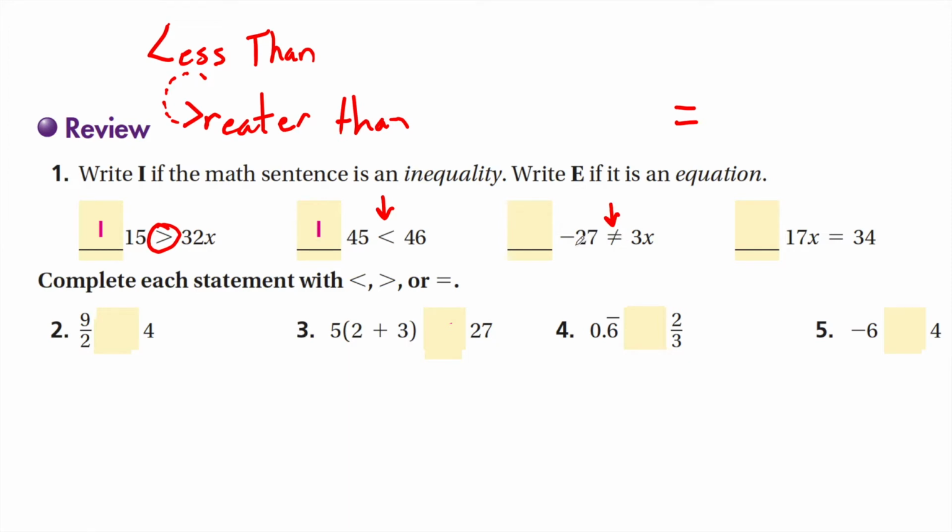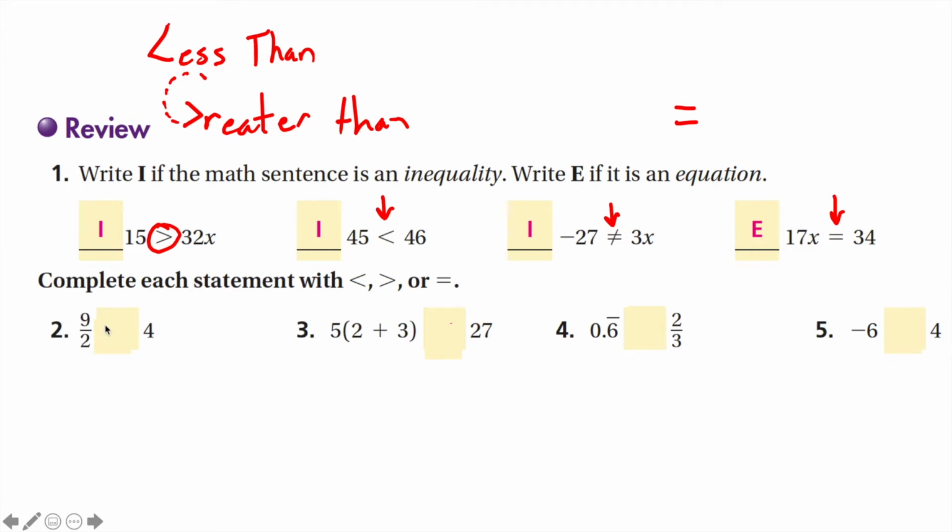Like, this is negative 27 is not equal to 3x. Well, if it's not equal, it's still not an equal sign, literally, and therefore is considered an inequality. But the last one, however, is an equal sign, which means we know that we're talking about an equation right here.